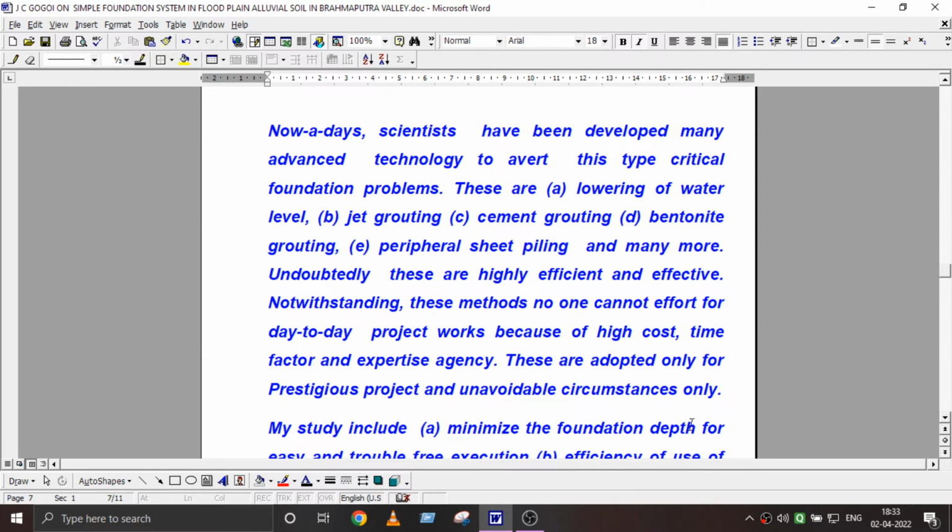It is a Northeast Frontier Railway construction project. In that bridge, jet grouting and cement grouting were used.